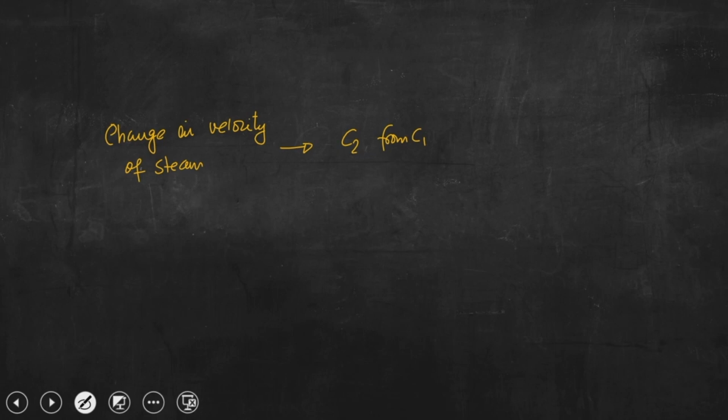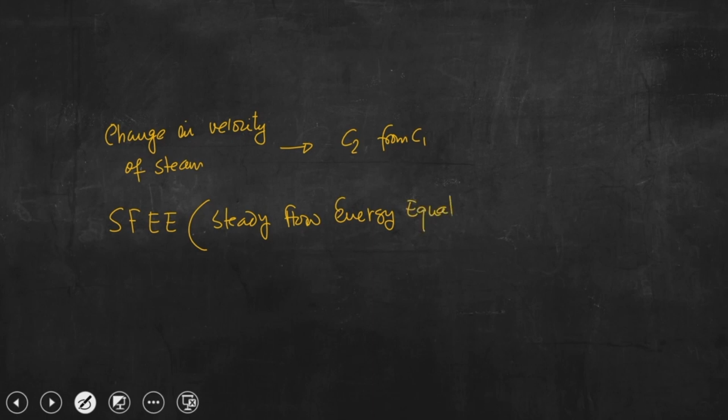Now let us look at the steady flow energy equation, SFEE. Why? Because for nozzle efficiency, we have an enthalpy drop, that is the heat drop.